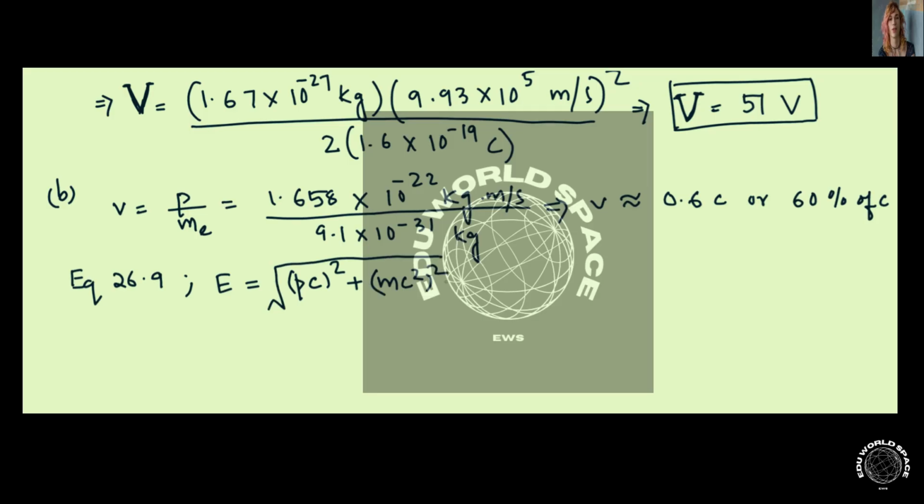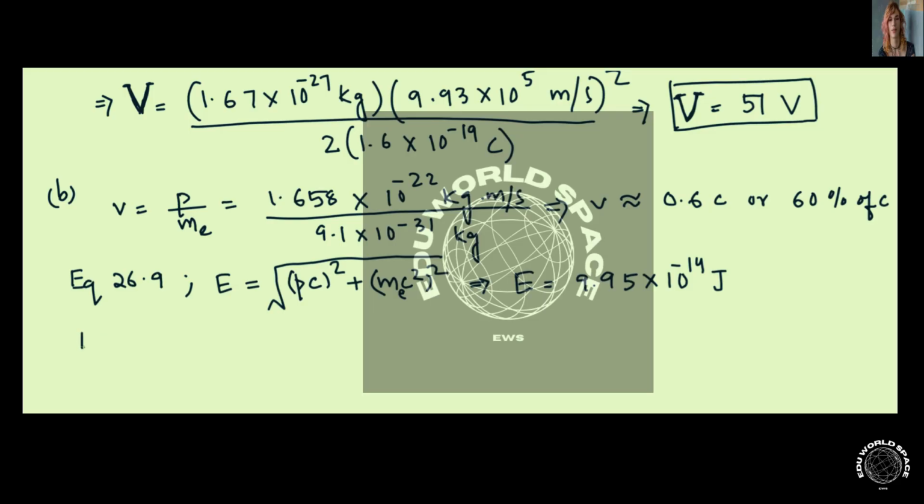Here c is the speed of light, m is the mass of the electron, p is the momentum we found here. I'll just save some time writing down the values of each of these variables. So we solve it using all those values and we get the energy to be around 9.95 times 10 to the power minus 14 joules.